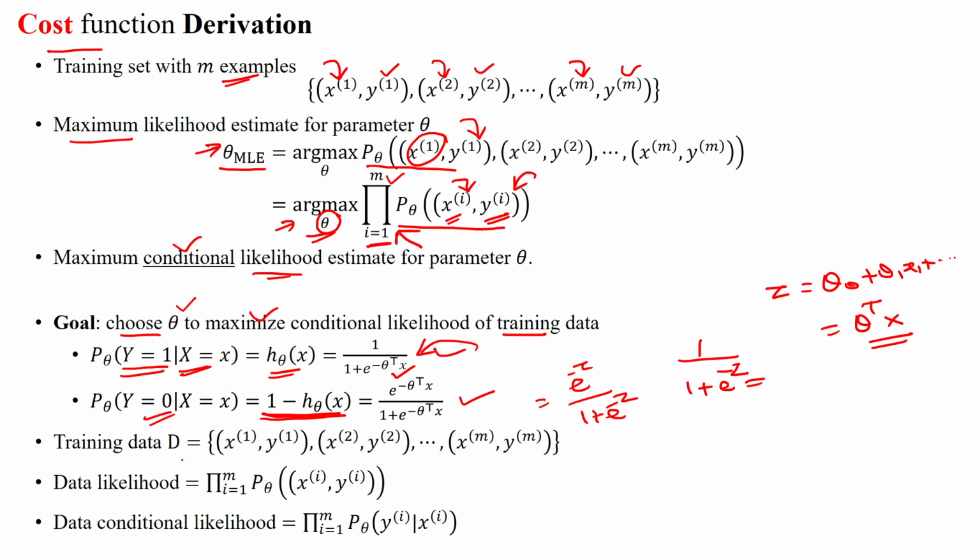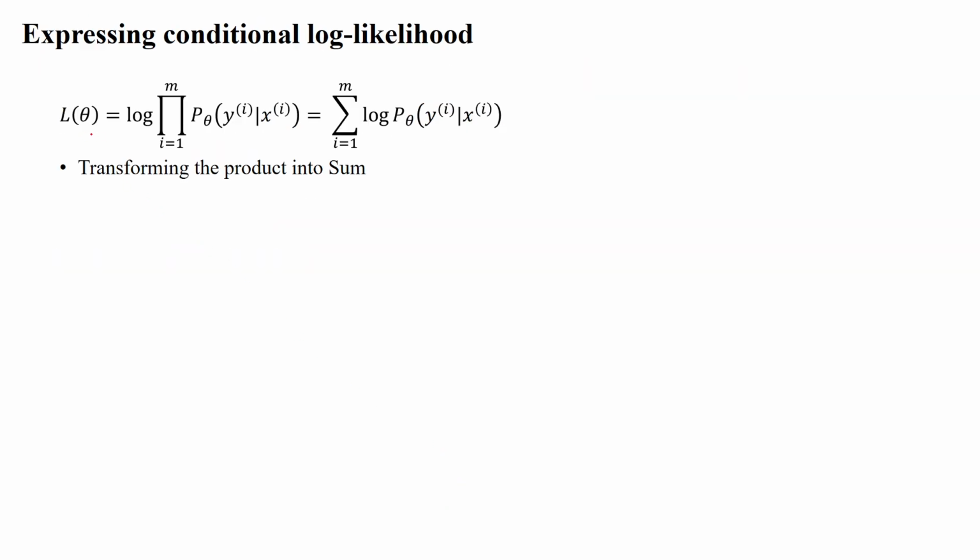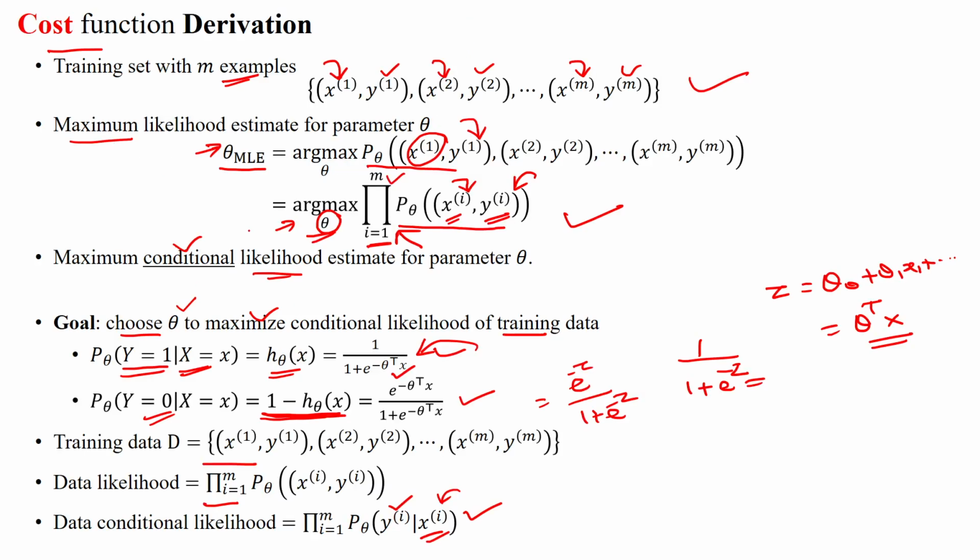So now the training data D is these samples, and the data likelihood is the product over all the samples and their corresponding outputs, and the conditional likelihood is given based upon the output given by the corresponding sample i. Now the log can be applied, log of theta. So here we got the product.